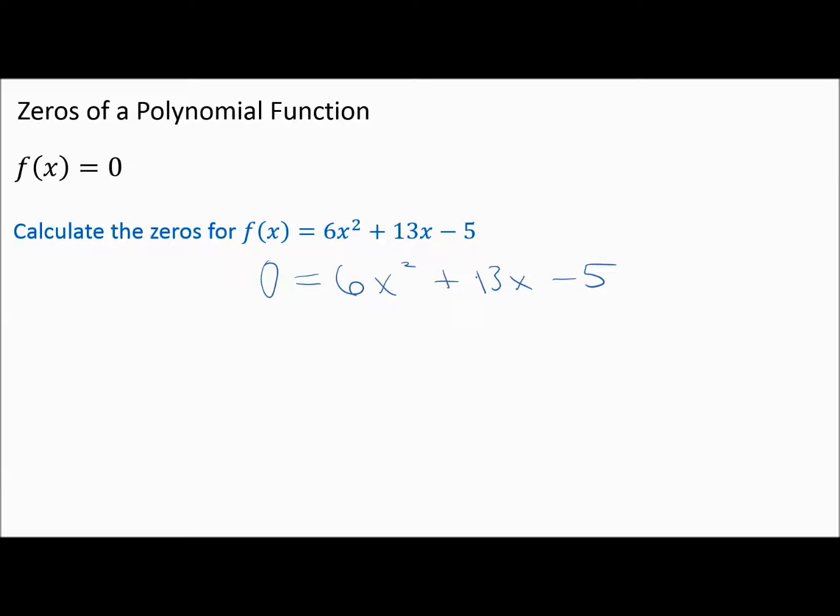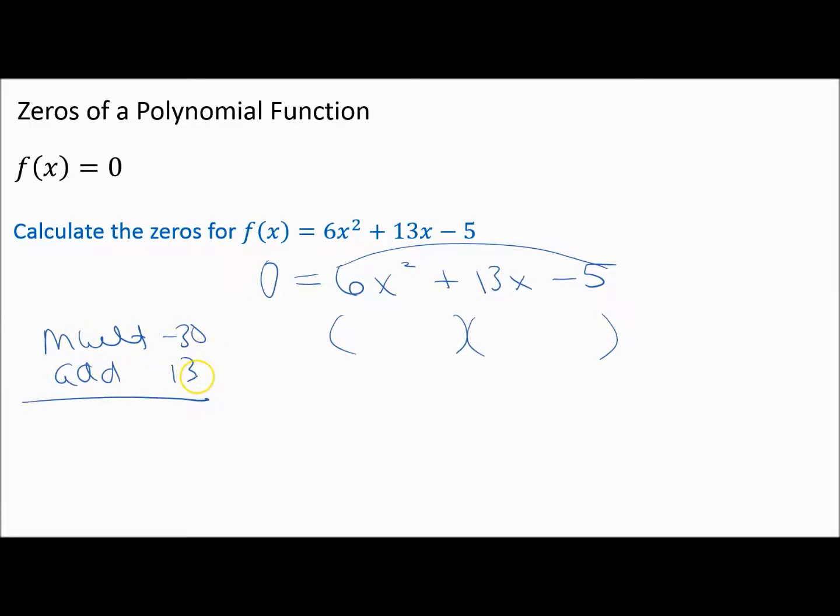Now, these are a little tricky to factor. Some people can jump immediately into two sets of parentheses and play around with the numbers until you get this. On the other hand, some folks would prefer to use this little trick where you multiply these two together, the leading coefficient, or your x squared coefficient, times your constant, and try to find numbers that multiply to be negative 30 and at the same time add to be 13.